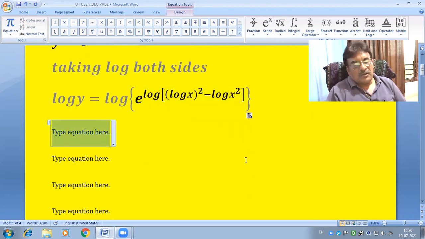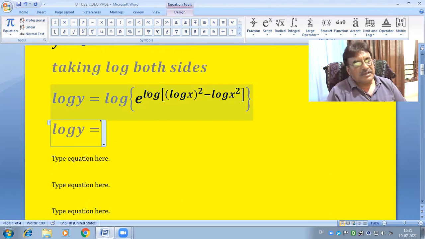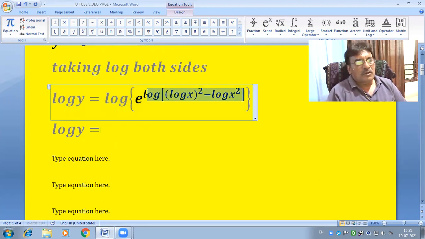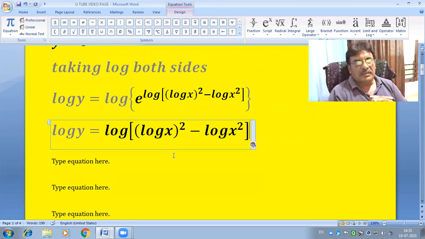Therefore here log y as it is equals, use here log m raised to n equals n log m, that is log of (log x)² minus log x² into log e, but log e is equal to 1. Here on the right hand side we use the formula log m to the power n equals n log m.